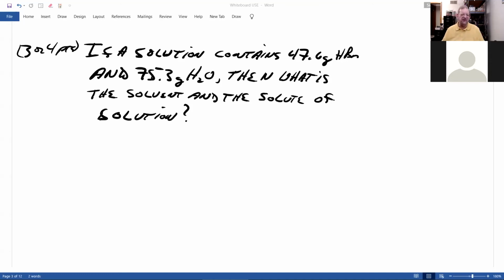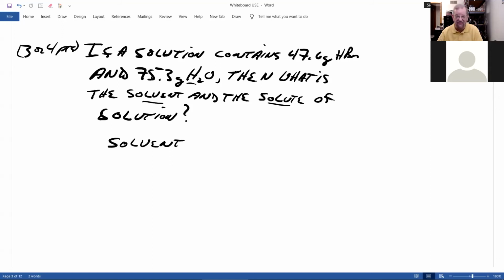And the question is, if a solution contains 47.6 grams of HBr and 75.3 grams of water, then what is the solvent and what is the solute of the solution? The solvent is the component of the solution present in the greatest amount.